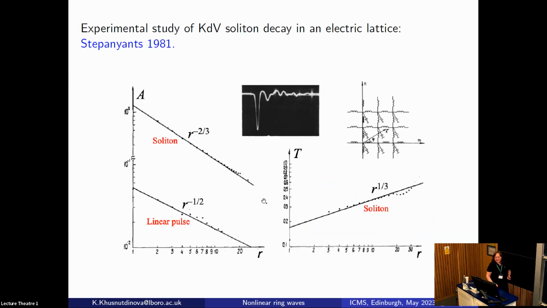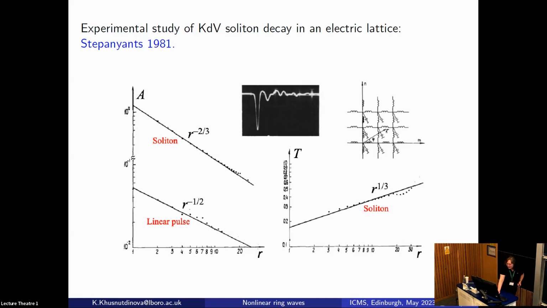And interestingly, this is an old paper by Yuri Stepanyans. I didn't know that he has done some experiments in an electric lattice, and he observes these waves and those dependencies on the radius in a two-dimensional electric lattice.